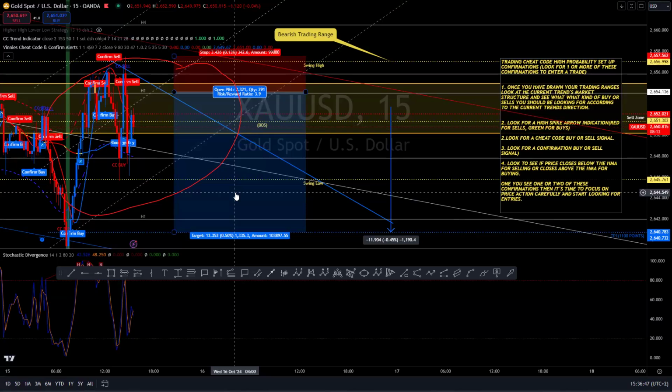Yeah, that's the first mistake I made, jumping in and not getting any confirmation. FOMO got me. At least I managed my risk and kept it below 2%.